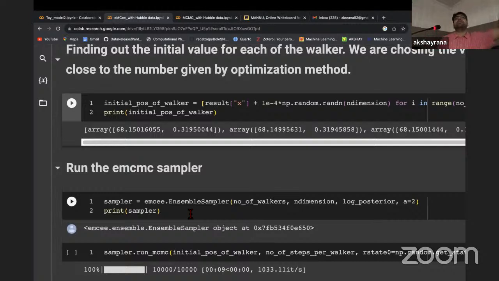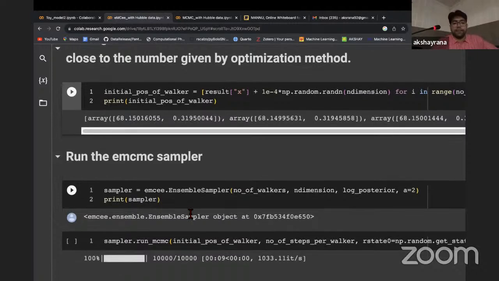Hubble is having H0, omega m. Supernova will be having some other parameters, some alpha, beta parameters of their brightness or slope. For galaxy clusters, there will be some parameter related to electron density or something. A large chunk of parameters. Now, how to add them and merge them, that's going to be the main challenge. Running emcee is the second part.